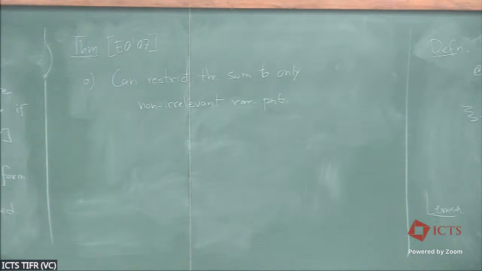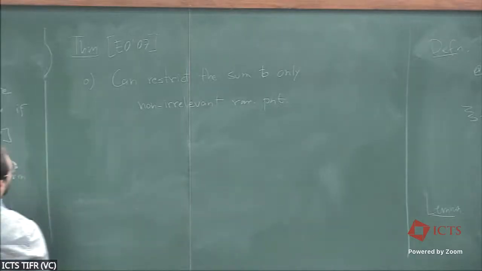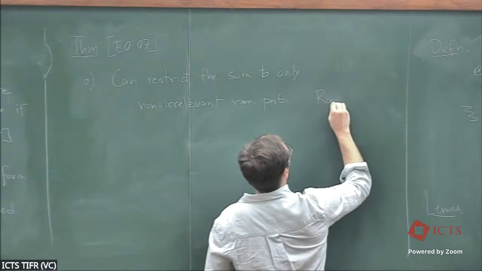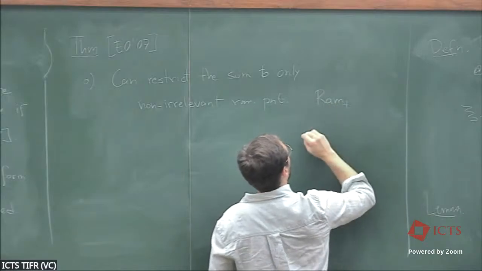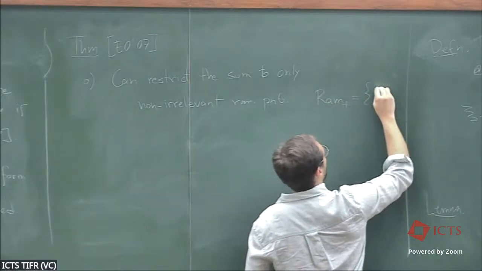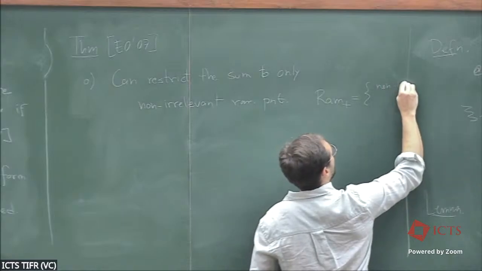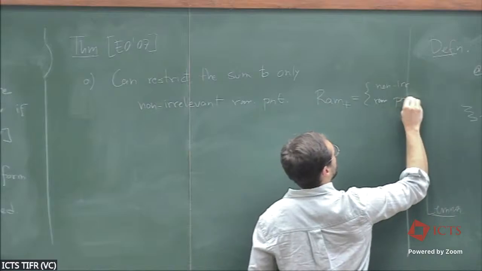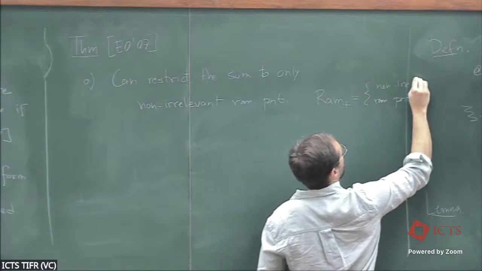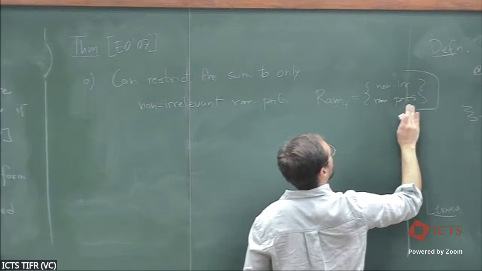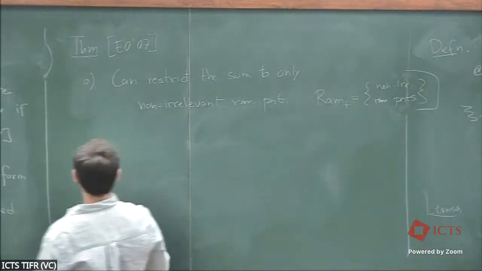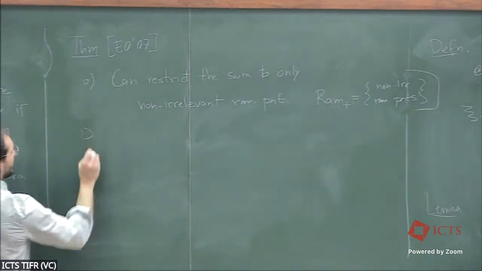So everything that is irrelevant will just contribute 0 to that residue. Okay, and let me call maybe Ram plus the set of non-irrelevant ramification points.